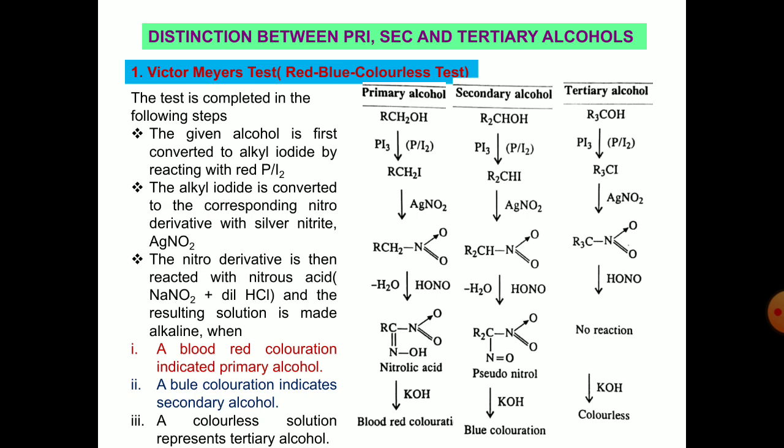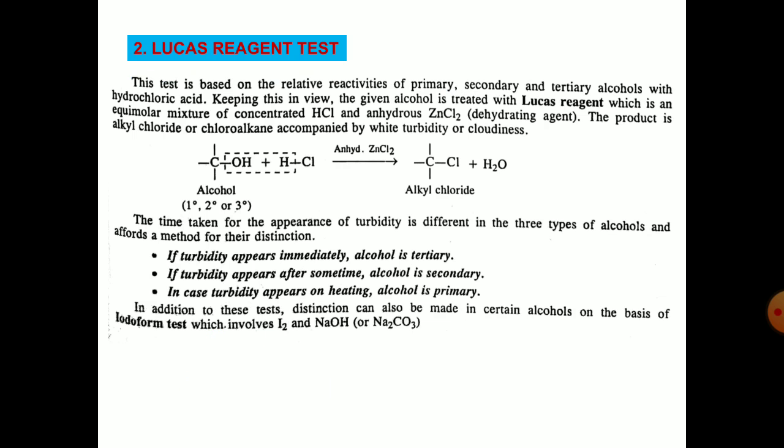Similarly, the secondary alcohol will give a blue color, and the tertiary alcohol will give no coloration. It is a very good test because anybody can identify from the coloration. One can safely say that this is a primary, secondary or tertiary alcohol by knowing the color of the reaction mixture.